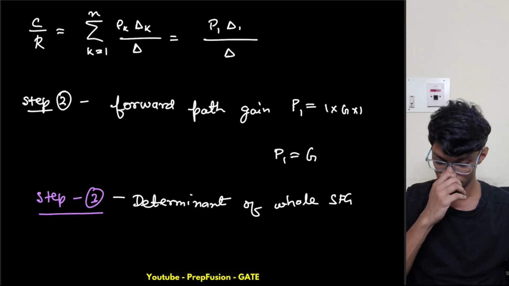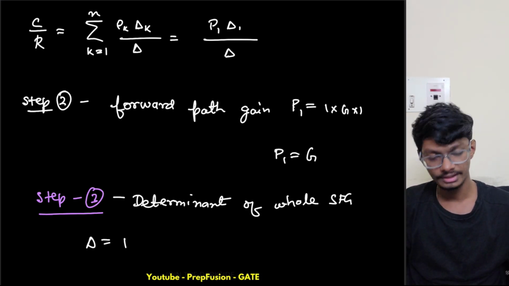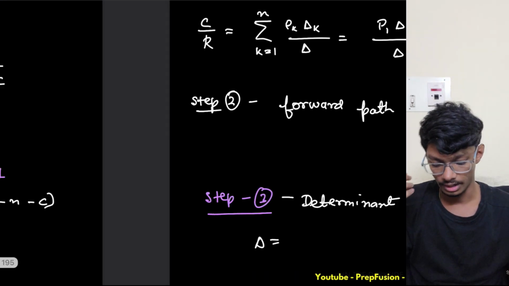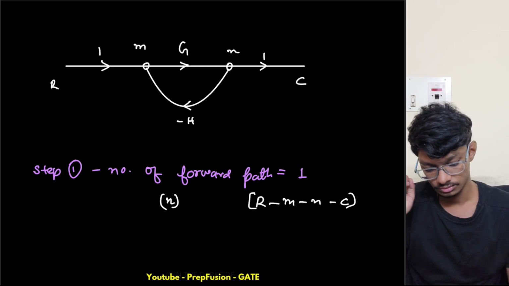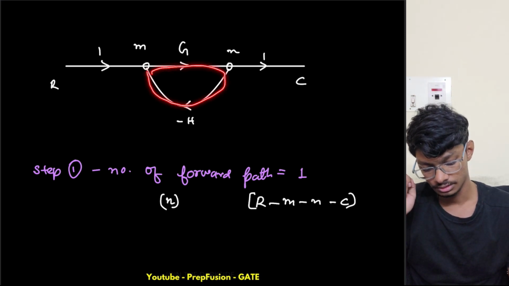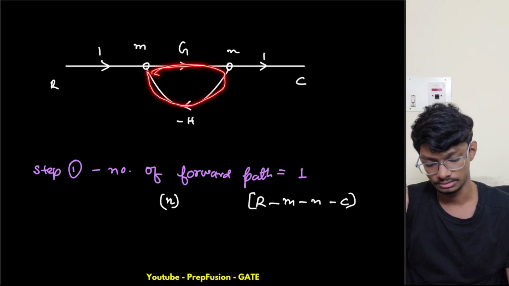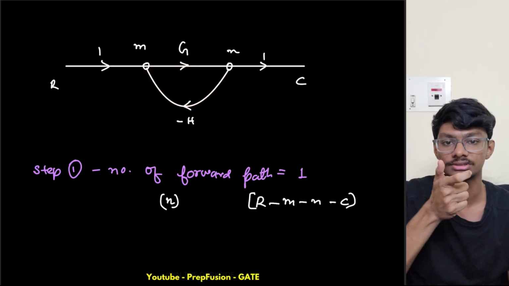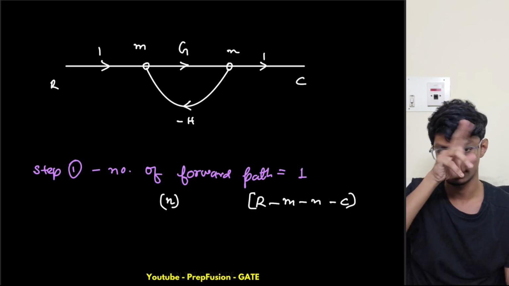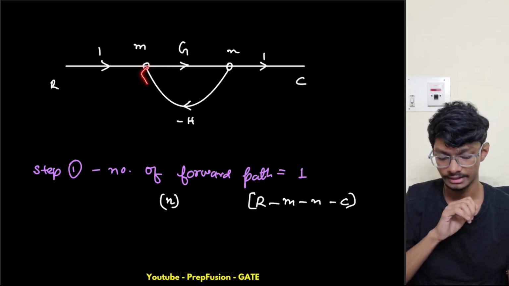What will be delta? Delta will be 1 minus individual loop gains. So how many loops are here? What do you mean by loops? Which come back to its previous path. At least one node should repeat without any other node repeating. That is what a loop is.